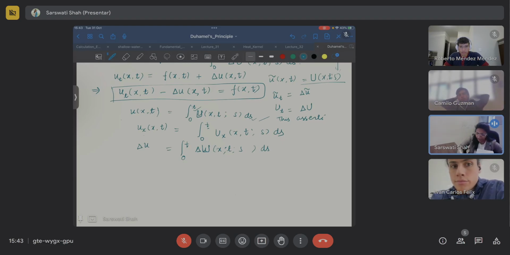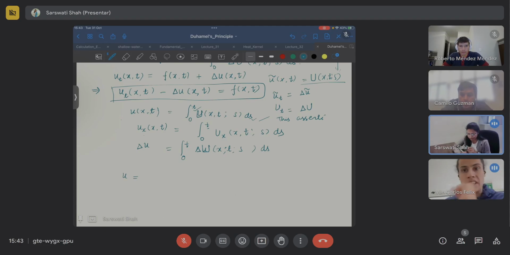So, okay, you already know the solution. Can you please tell me how we can write the solution u in terms of the heat kernel? You know the heat kernel. Now you have everything.